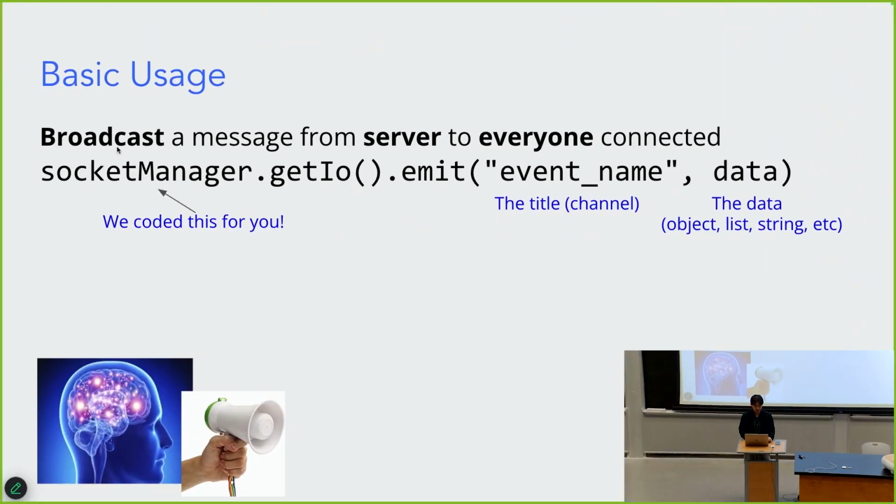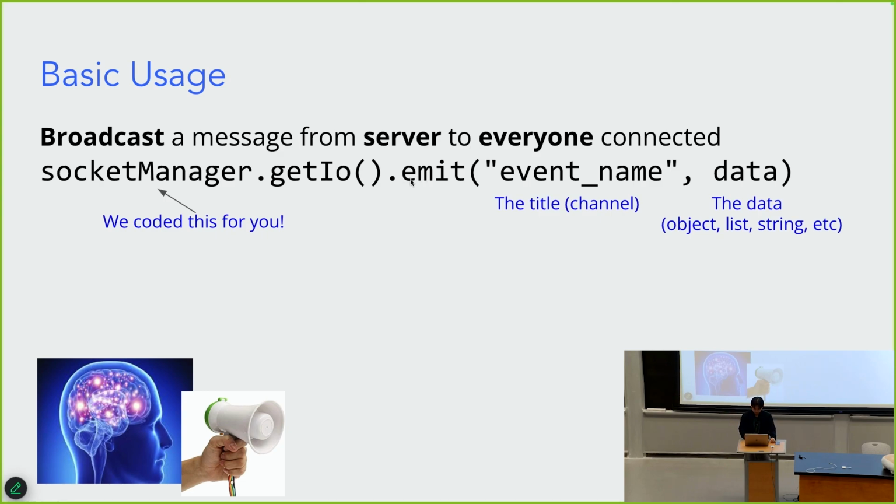And in this case, to broadcast a message from the server to everyone connected, we use the .getIO function. So getIO is going to take all the sockets of the clients. It's going to broadcast to every single client who's listening to the server right now.